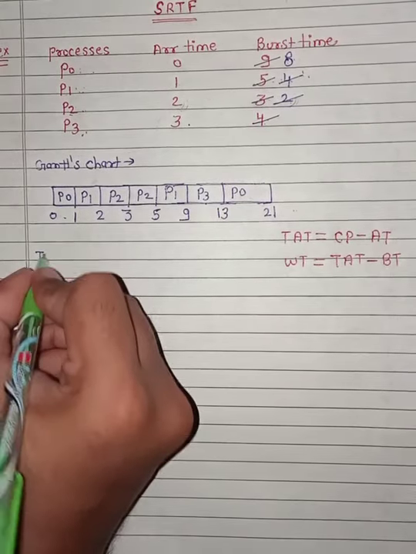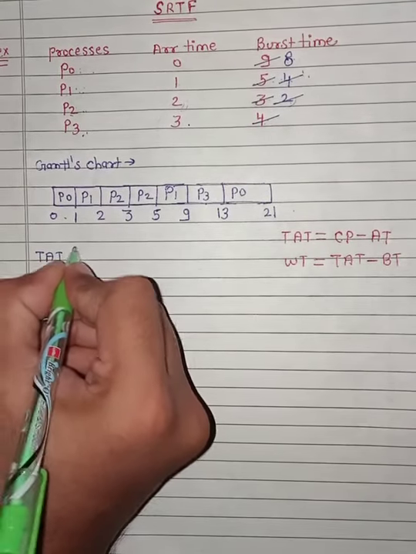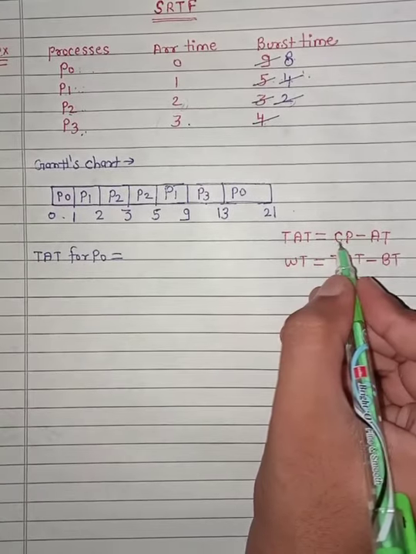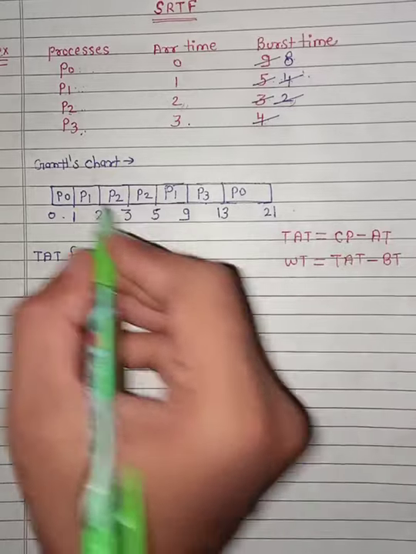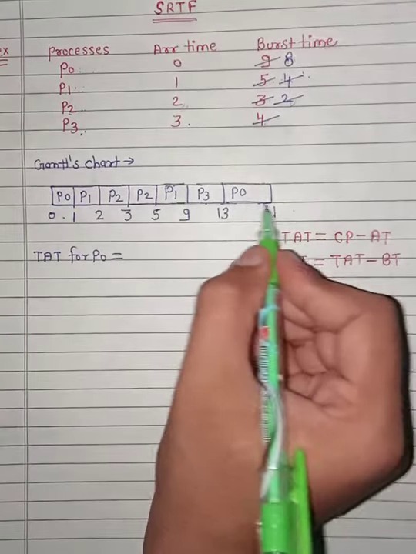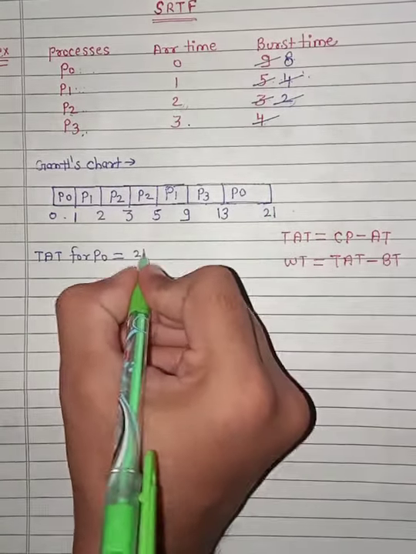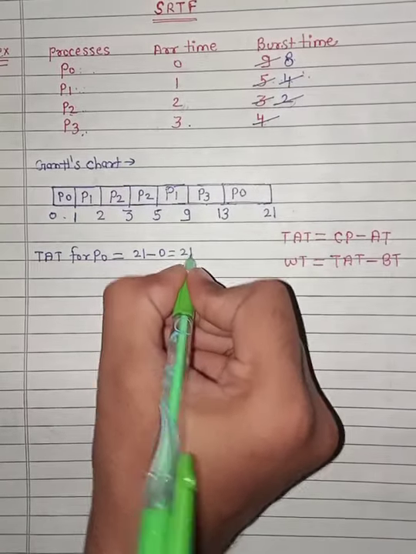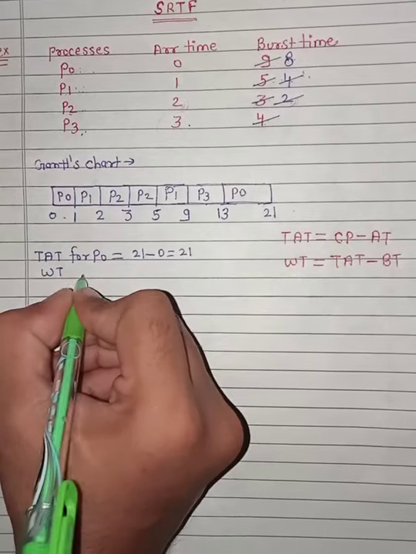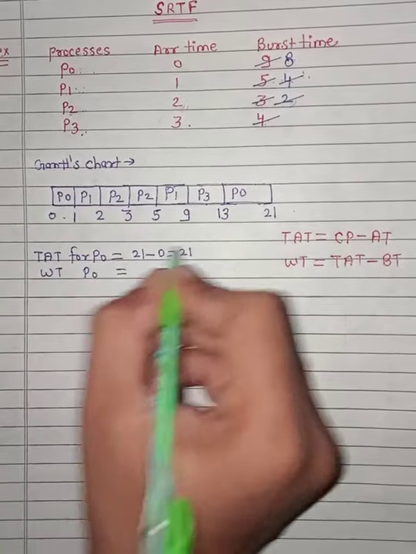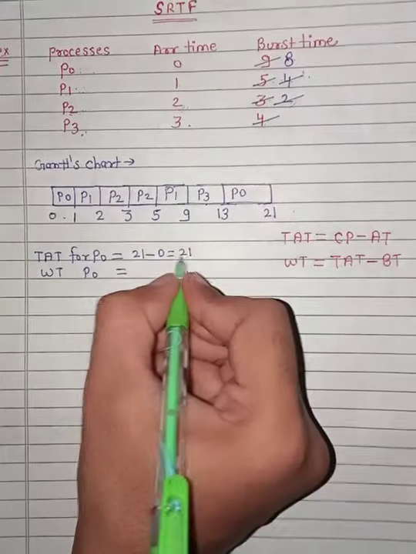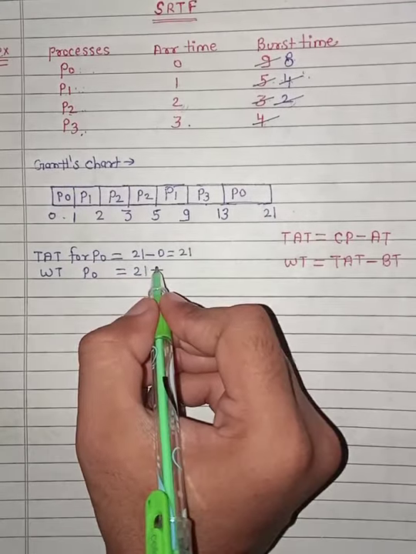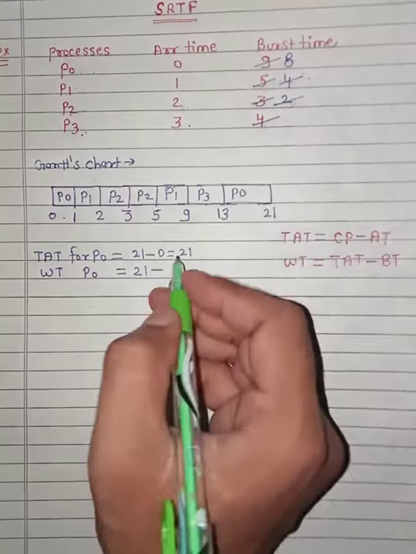So turnaround time for process P0 is the completion time of P0, 21, minus arrival time 0, and waiting time for P0 is turnaround time 21 minus burst time, that is 9.